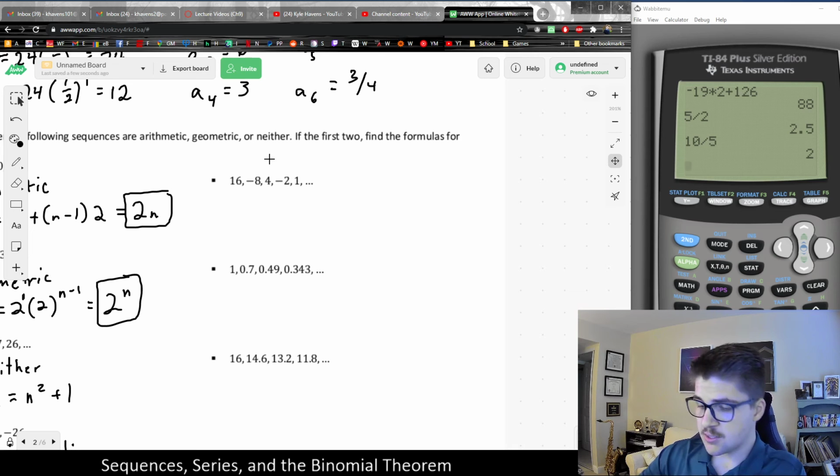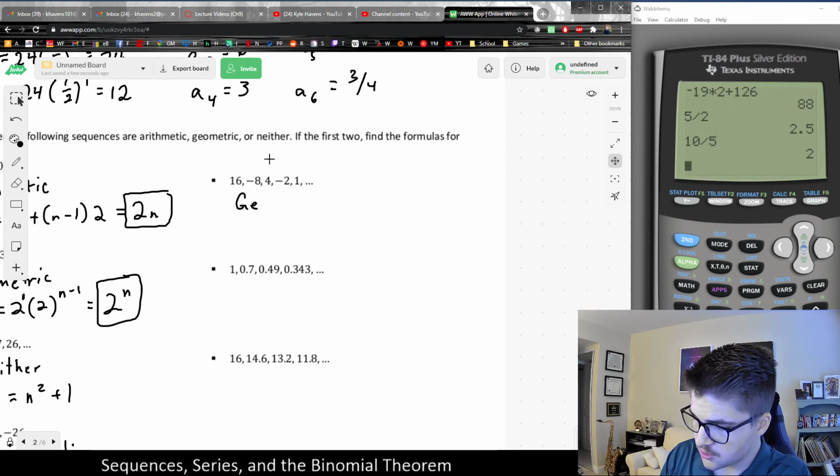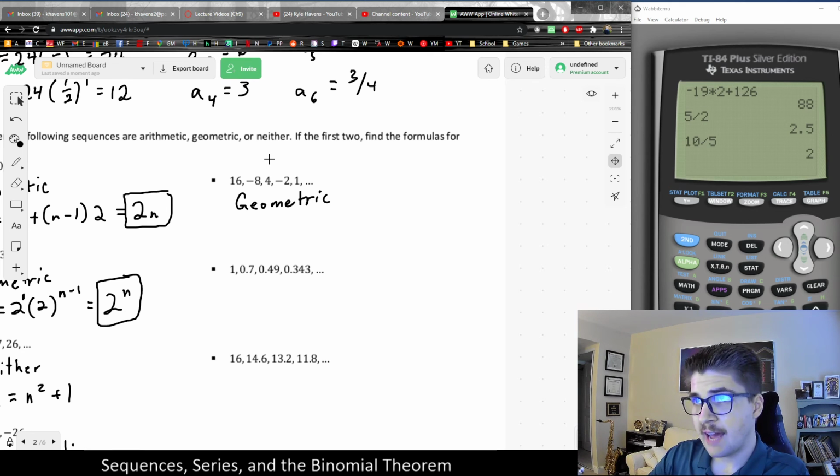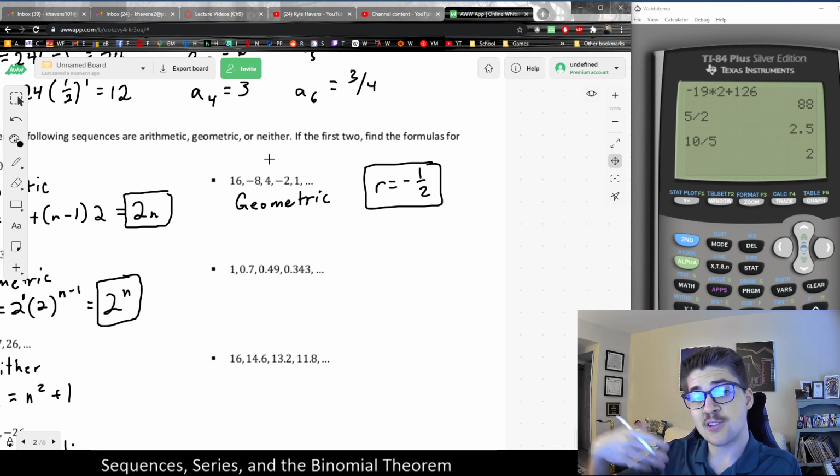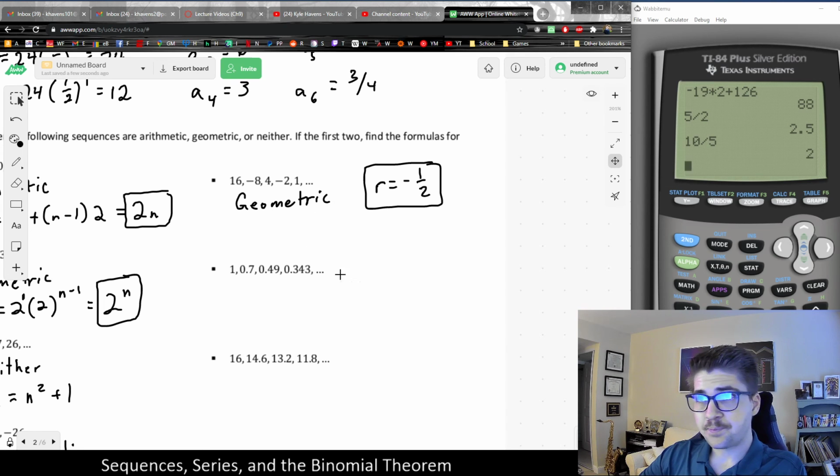So this one would be geometric because each term is being multiplied by 1/2 and by a negative. The common ratio here would actually be -1/2. I'll leave the formula as an exercise for you.